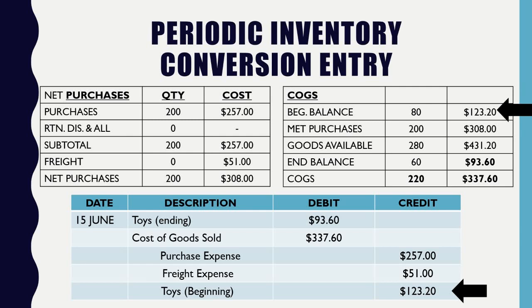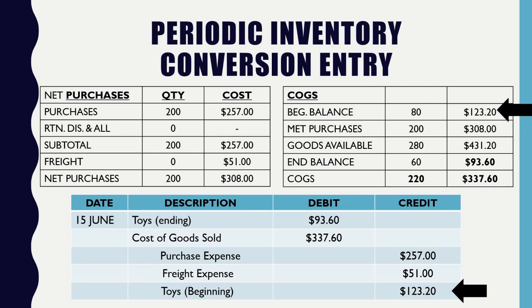We're going to get rid of our first inventory batch, so we credit our inventory account, because I'm getting rid of that $123.20. We credit it because those items have been sold already. So we need to get rid of that.